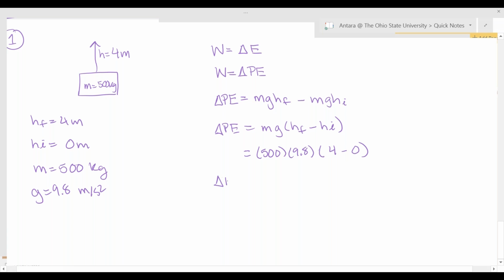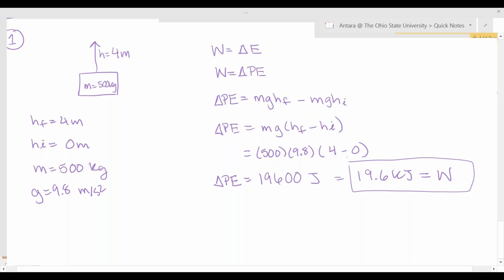So change in potential energy equals 500 times 9.8 times 4 minus 0, which is 19600 joules. And that's also the same as 19.6 kilojoules. And that is equal to work. So this is the work done on the bricks that are being carried up 4 meters.